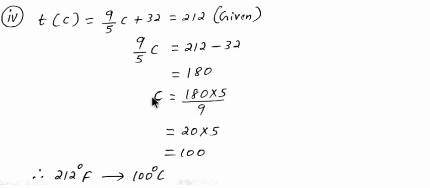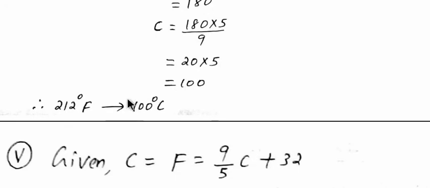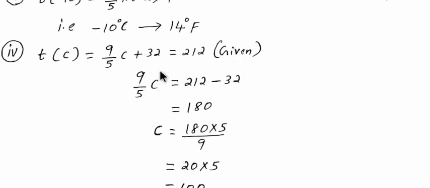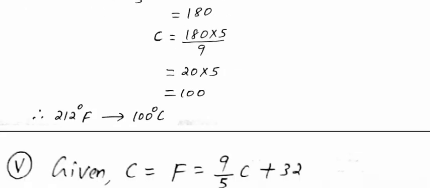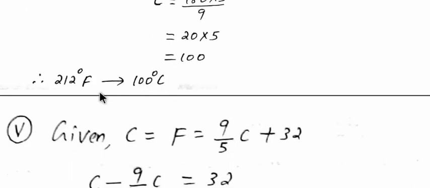Therefore C is equal to 180 into 5 whole divided by 9. 180 divided by 9 is 20, into 5 is equal to 100. It means 212 degree Fahrenheit is equal to 100 degree Celsius. Now the fourth one is over.